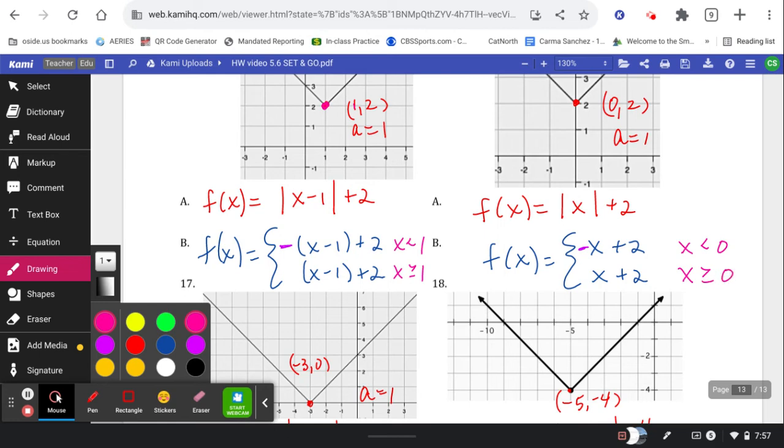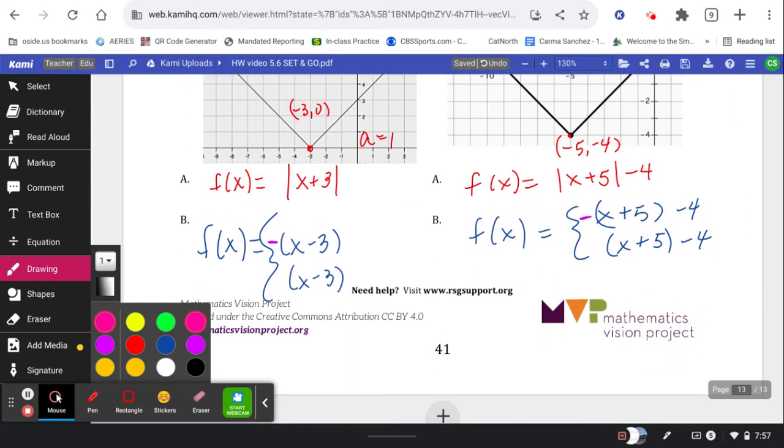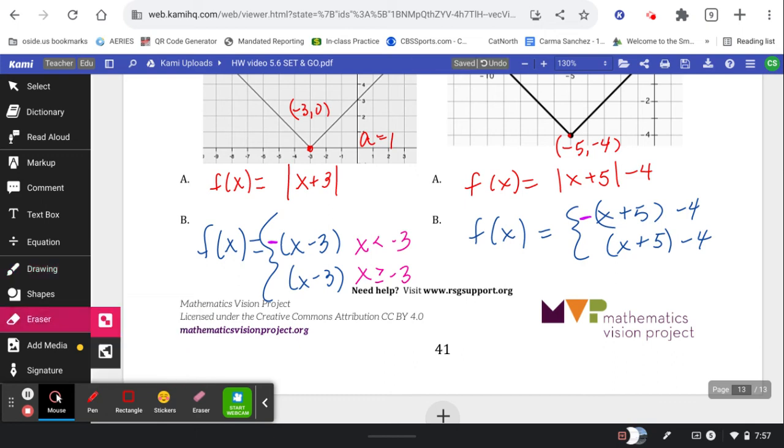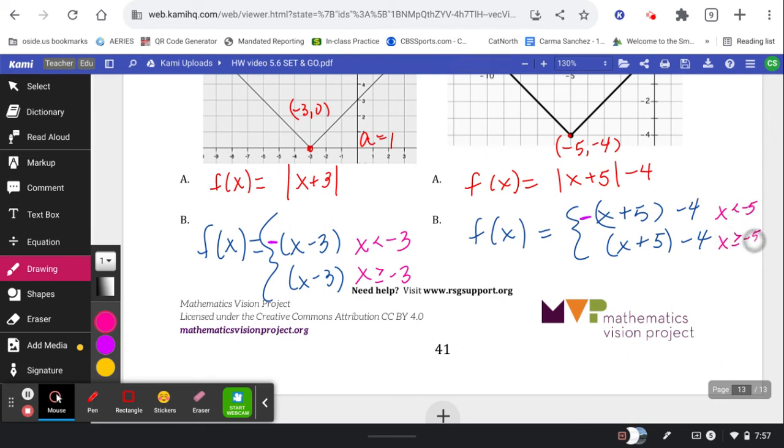Remember, the bar can go either with the top or the bottom. This is for x values less than -3, x values greater than or equal to -3. And finally, x values less than -5, x values greater than or equal to -5.